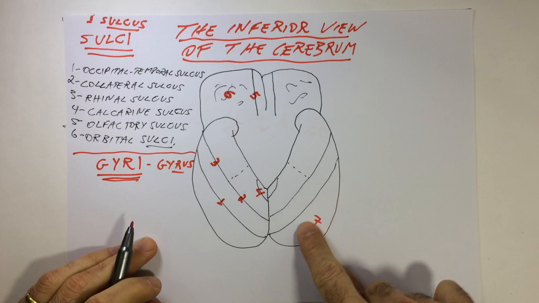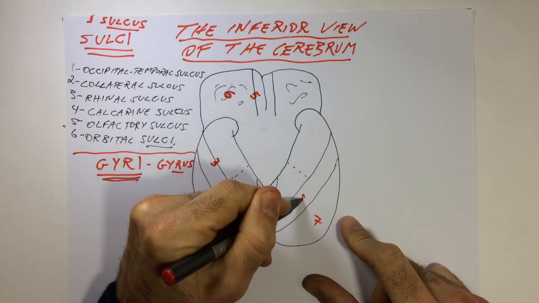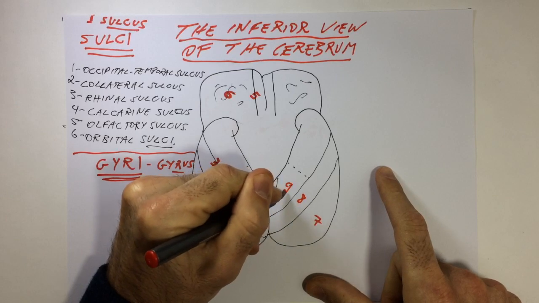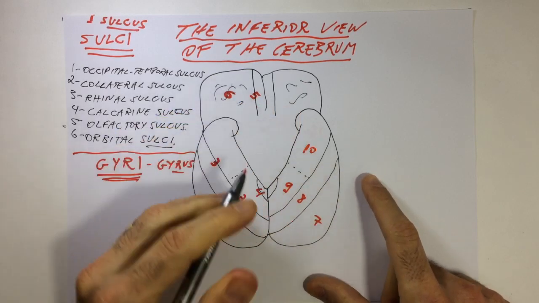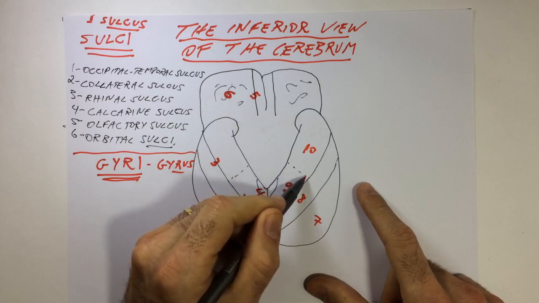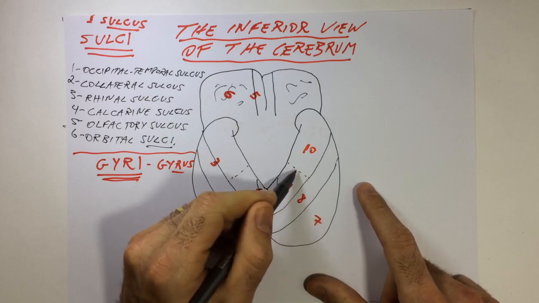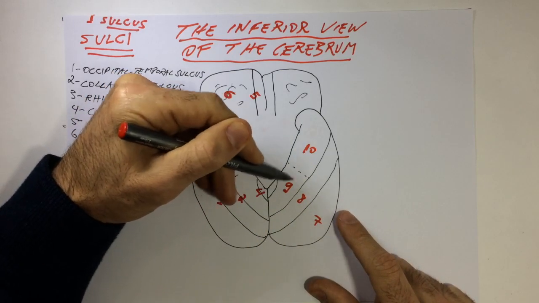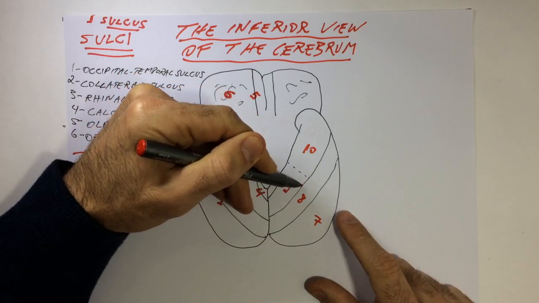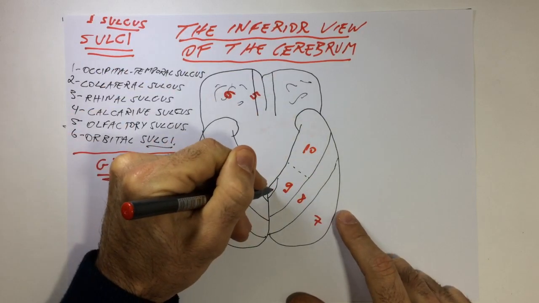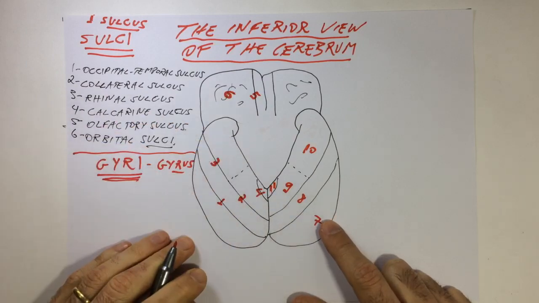Here we have one gyrus. 8, another gyrus. 9, that becomes 10. This is an imaginary line, so this is actually not a sulcus. It's just an imaginary line, more or less located for us to separate these two gyri and also these two sulci here. So 9, 10, 11, this little one here, 11.